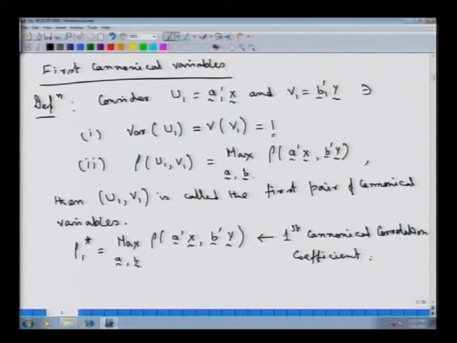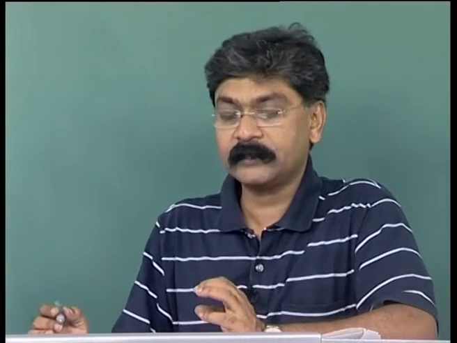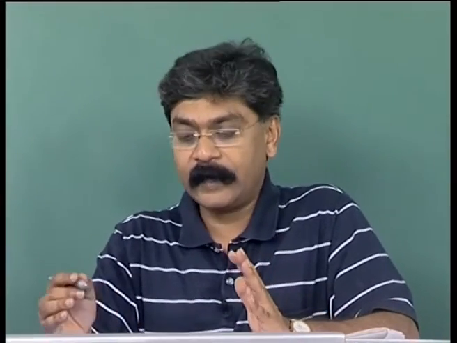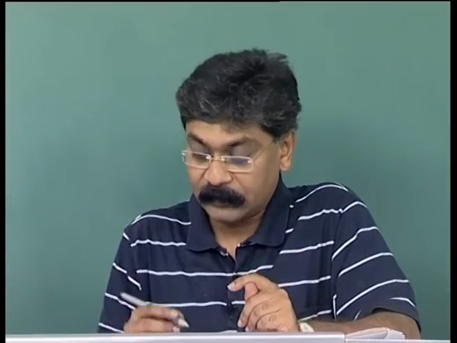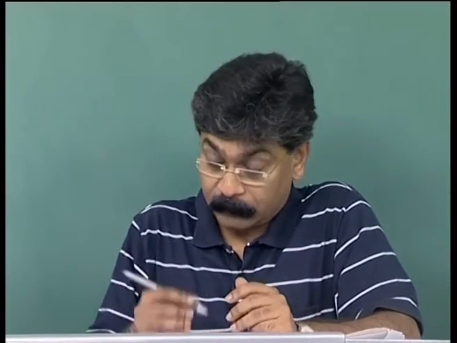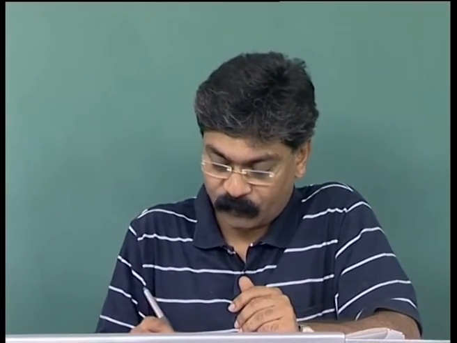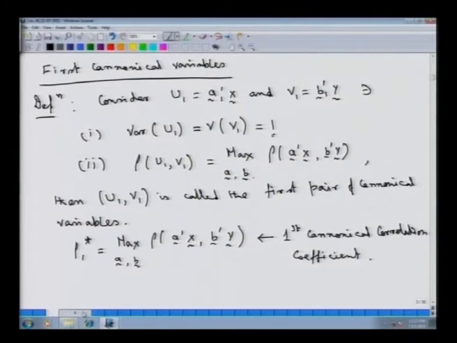So, this is how the first pair of canonical variables is formed, with the corresponding first canonical correlation coefficient, which looks at all possible linear combinations between x and y and tries to find the one that maximizes the correlation coefficient.